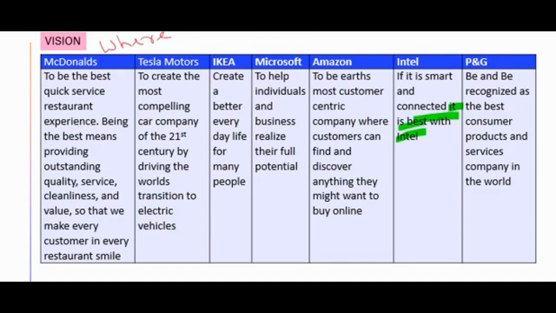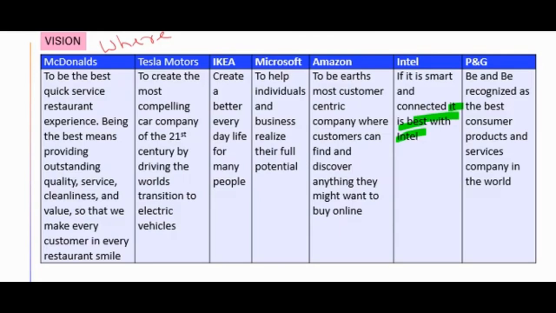You may be aware that Intel's business strategy is a pull strategy, not a push strategy. If you go to any shop to buy a laptop, you will ask for a laptop which has Intel inside. That is a pull strategy where you are pulling the customers towards you. That's a good strategy they have. They want people to feel that if Intel is available inside, it is the best. And they have already reached those heights.